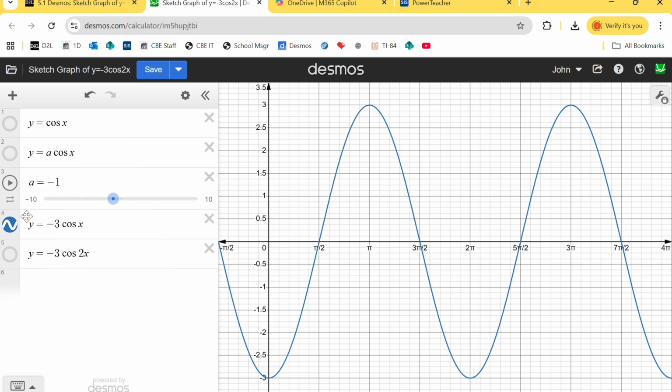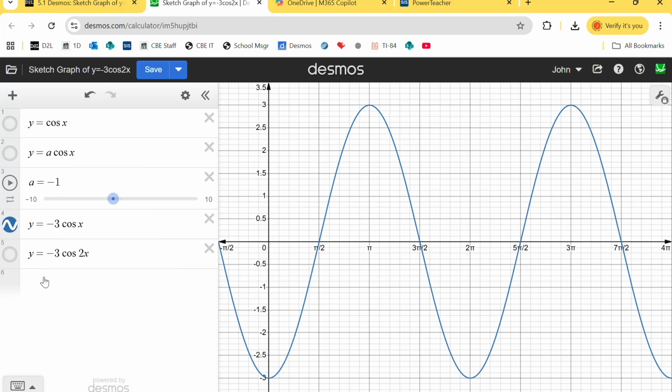And then the last part is a b value of 2, right? So we have y equals -3 cosine of 2x. A b value of 2 means a horizontal stretch factor about the y-axis by a factor of 1/2, so 1 over the absolute value of b. Okay, so we should expect, like a spring compressing, the maximums and the minimums to come together and compress.